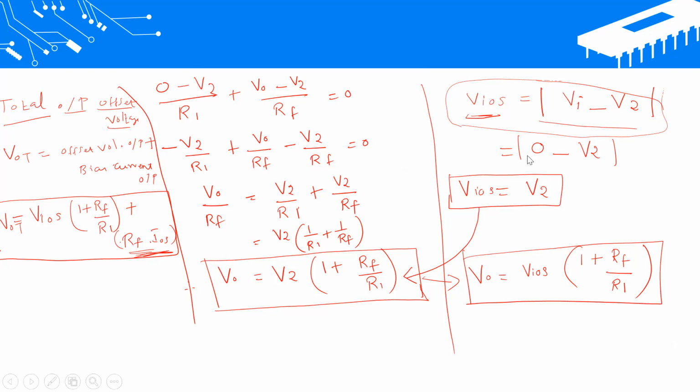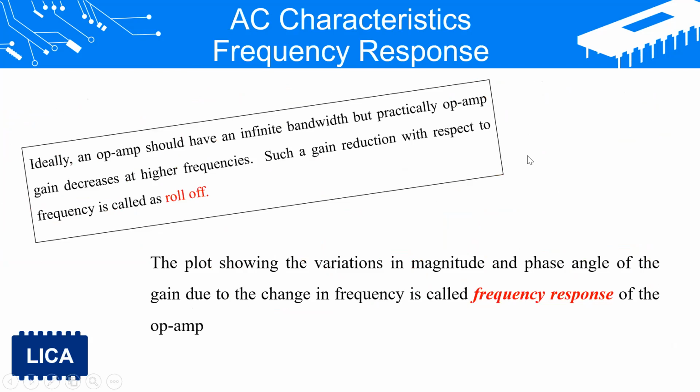Now we will discuss the AC characteristics of an op-amp. DC characteristics affect the steady state DC response.